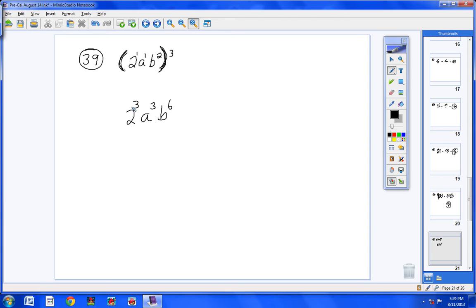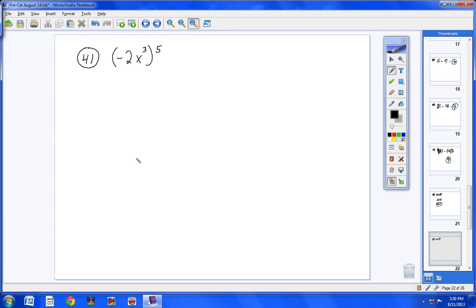And now what is 2 to the third power? Please don't put 6. 2 to the third power means 2 times 2 times 2. And 2 times 2 times 2 is not 6. 2 times 2 times 2 is 8. A to the third power, b to the sixth power. All right? Nothing else you can do, students. Look at it. I've got an a, a b, a coefficient. There's no negative exponents. We're good. We're going to go on to number 41.